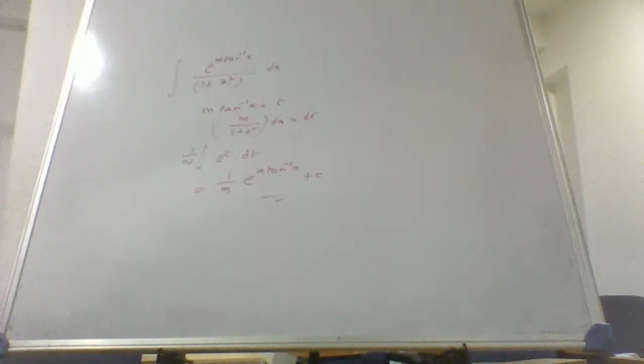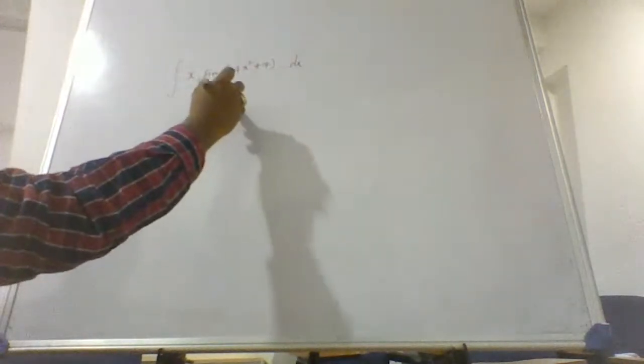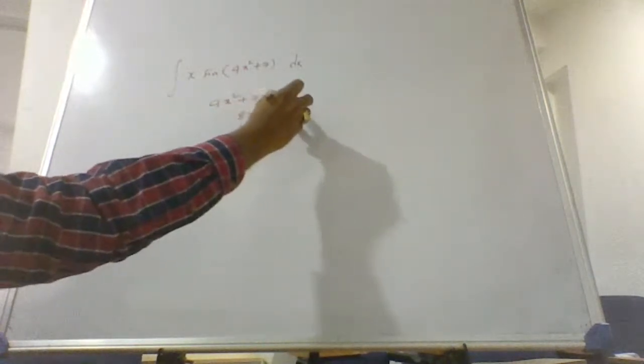Fine. Let me try to solve another problem. Now if I have the integral of x sine of (4x square + 7) dx, let us try to integrate this. Let me put 4x square + 7 as t. So this will be 8x dx equal to dt.